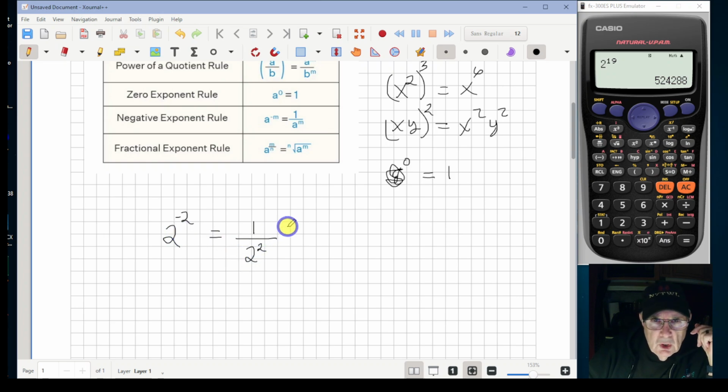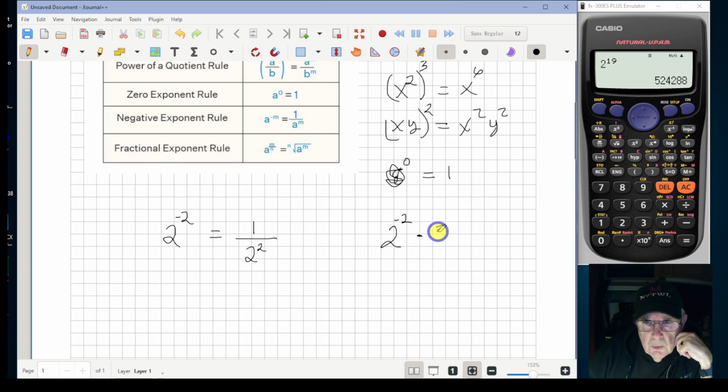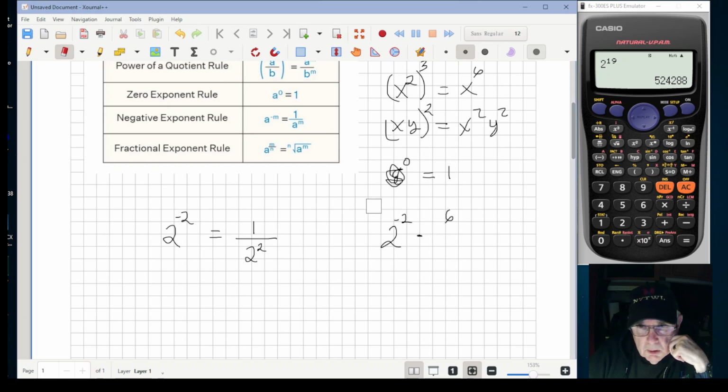Well, because in using these laws of exponents, this is much harder to cancel out. What if I had 2 to the negative 2 times 3 to the positive 6? And let's change that 3 to a 2, because we're going to be adding exponents here.